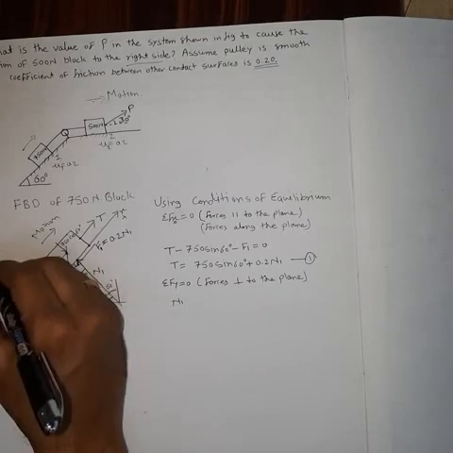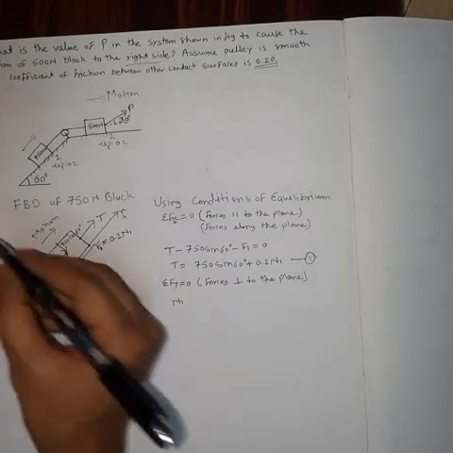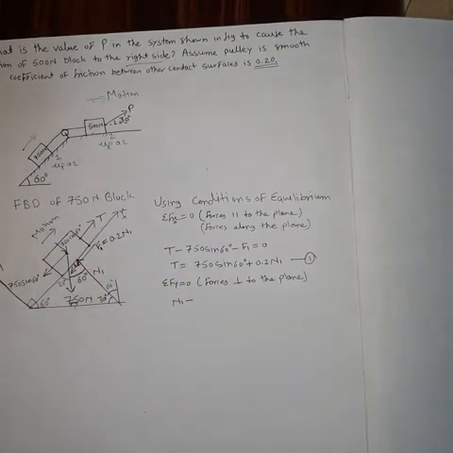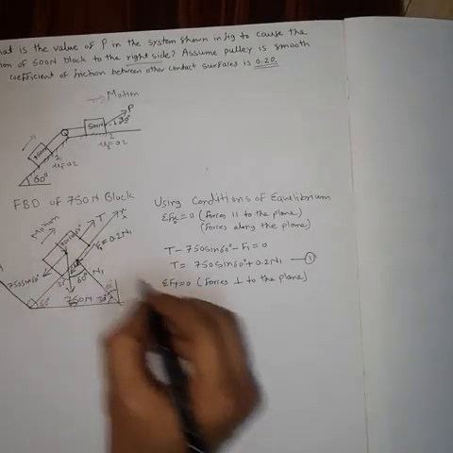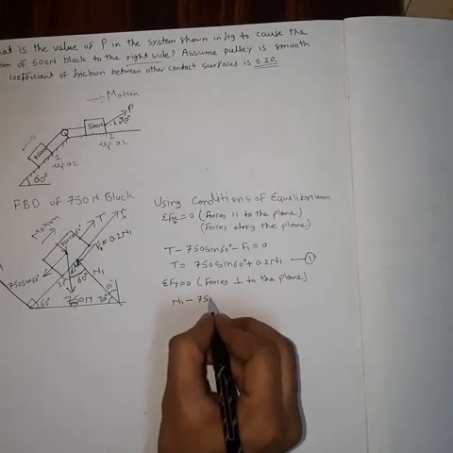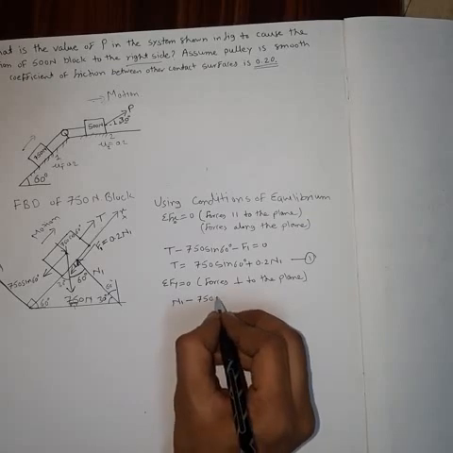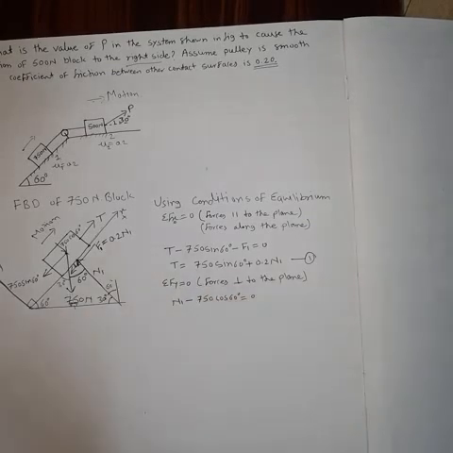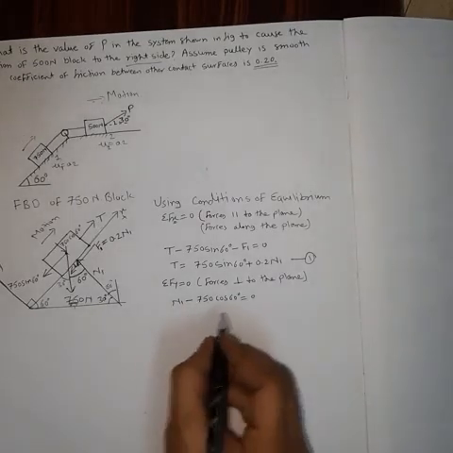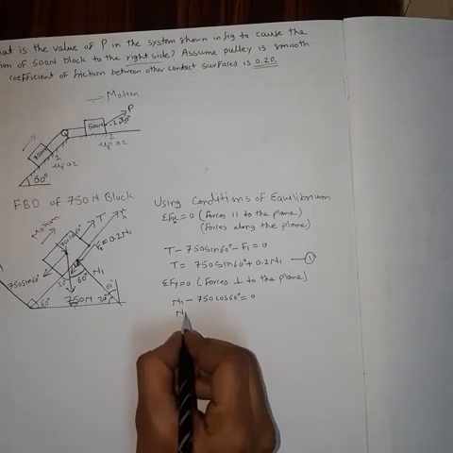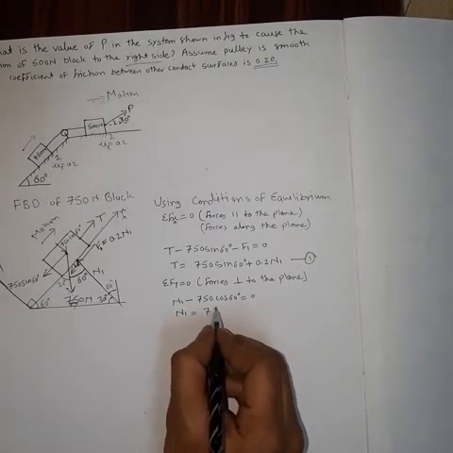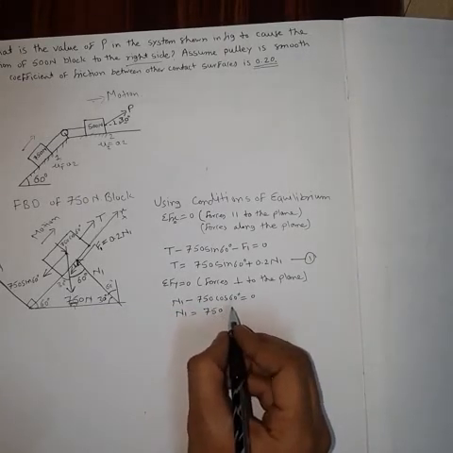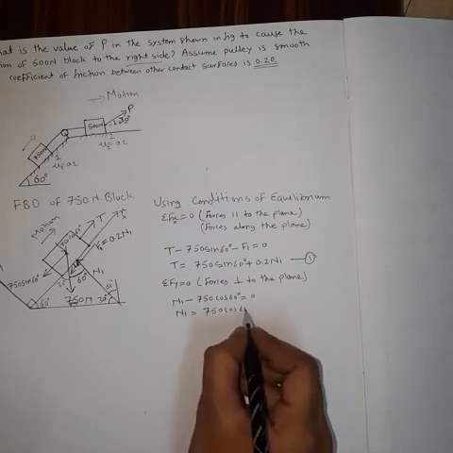Again this is positive y here. So N1 is upward. So N1 minus this component, so minus 750 cos of 60 degree is equal to 0. So again solving this, we get N1 is equal to 750 cos of 60 degree.